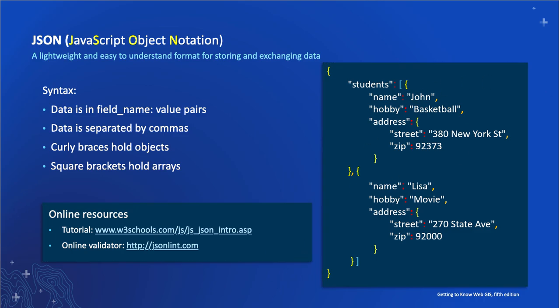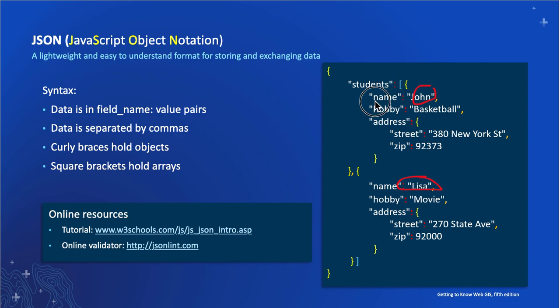So for this example, this JSON code describes an array of 2 students, and we can see the 2 students' names here. Let me circle it with my drawing. So we have John and Lisa. And each of these 2 students is represented with a name field and a name value.